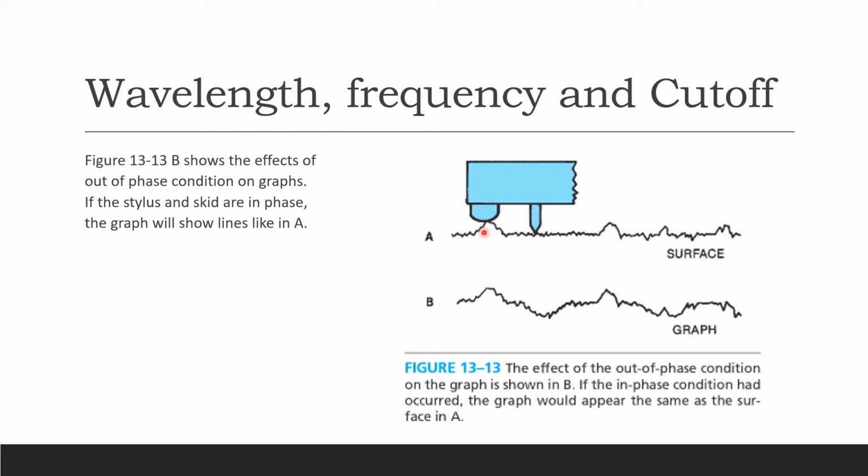If the stylus and skid are in phase, the graph is going to show you lines, like in A. Here, because they're out of phase, you're going to get a distorted graph. The more your instrument is out of phase between these two little parts, the more distortion you can see in your graph.